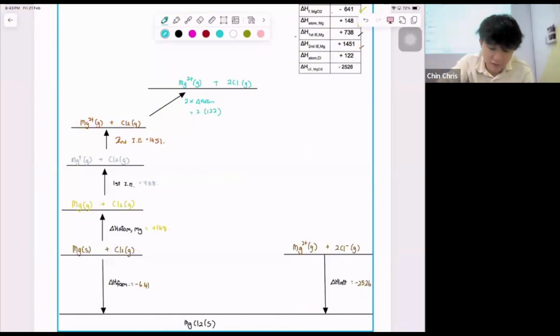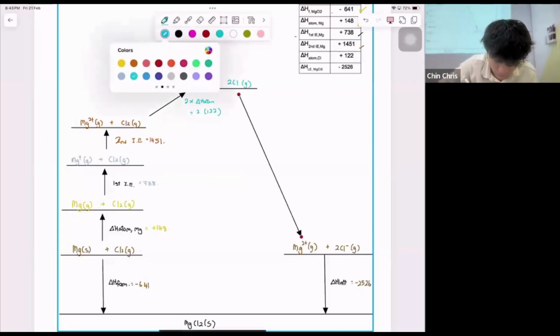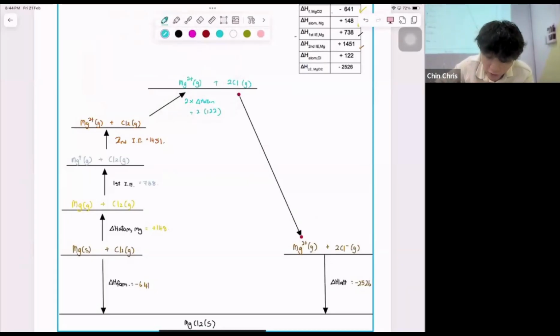Alright, guys, finally, Cl turns into Cl-. So this would be your electron affinity times how much? Times 2.